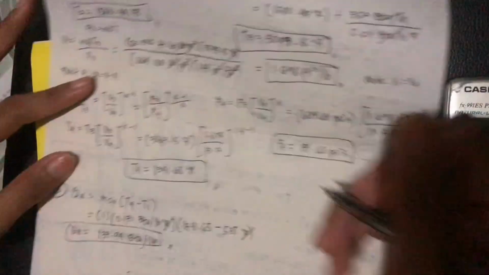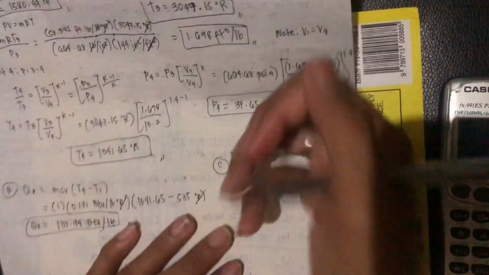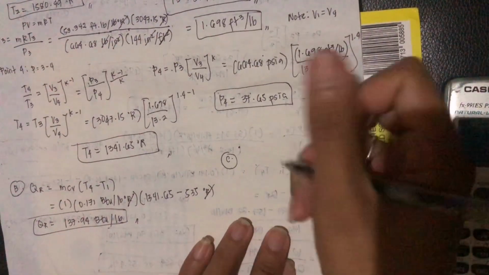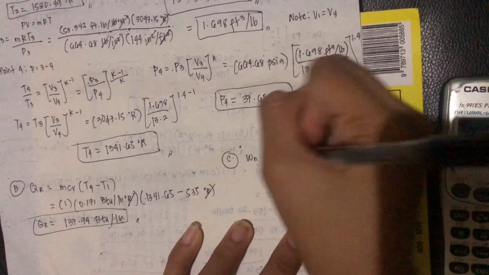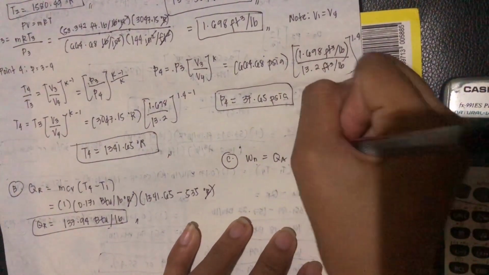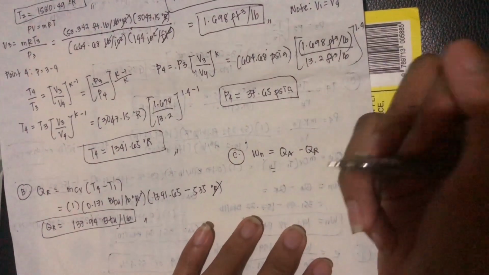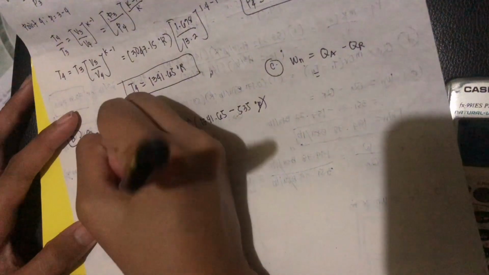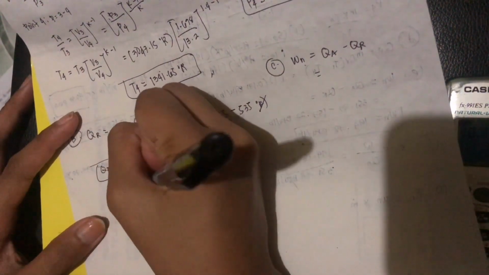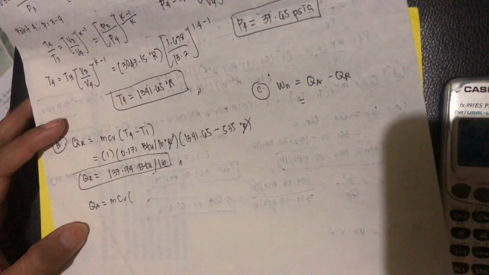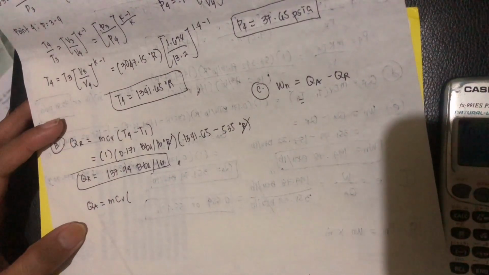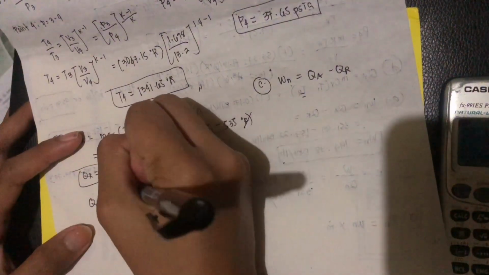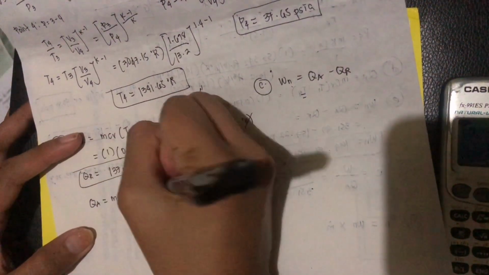Next is letter C. For letter C, what is being asked is the net work. The formula for work net is equal to QA minus QR. We don't have QA yet, so we need to find it. QA is equal to m Cp (T3 minus T2).